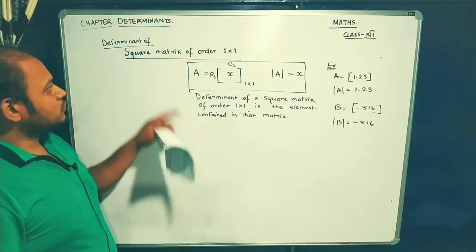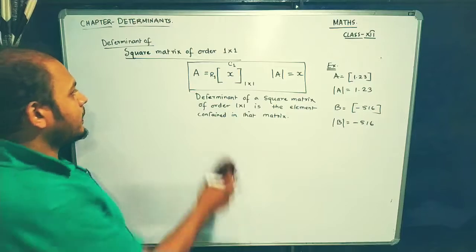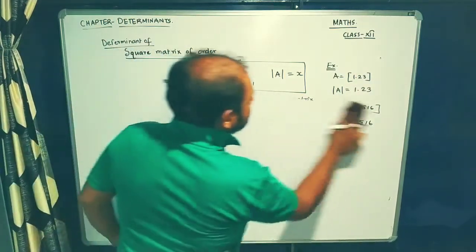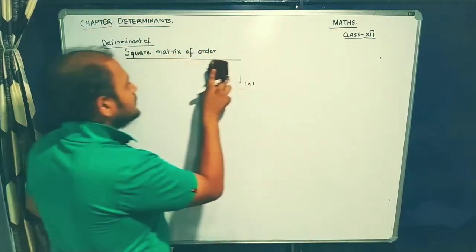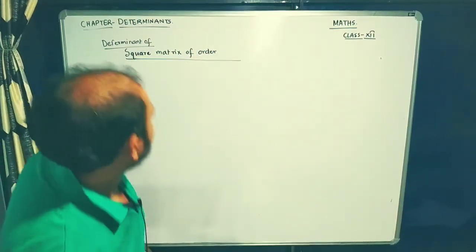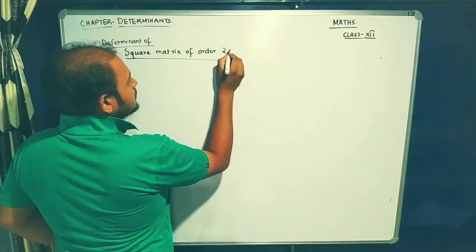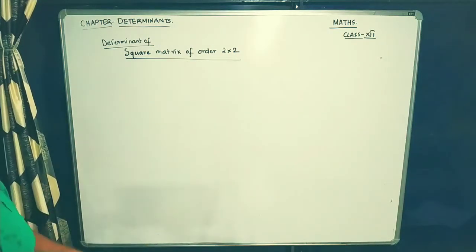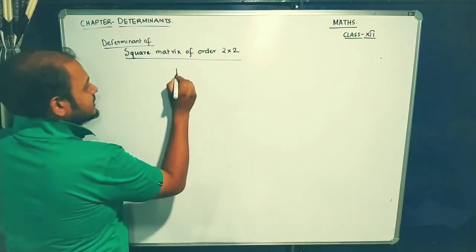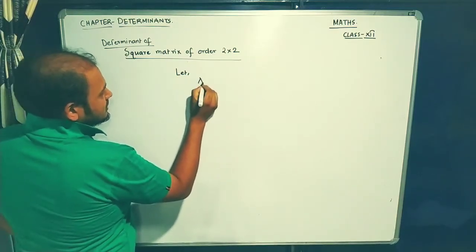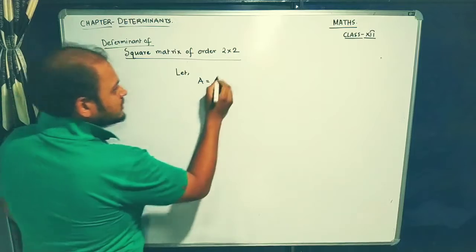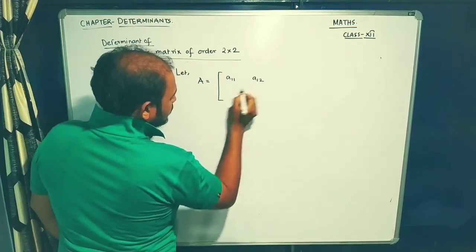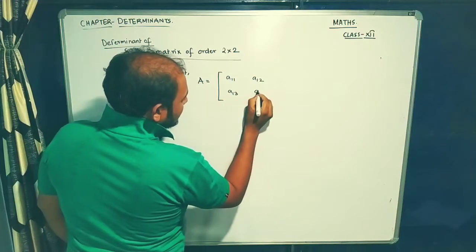Let us move to the square matrix of order 2 by 2. Okay, so let's move to the next type of square matrix. Square matrix of order 2 by 2. So let's write a typical square matrix of order 2 by 2. Let A be a square matrix of order 2 by 2 given in this form: A11, A12, A13, A14.